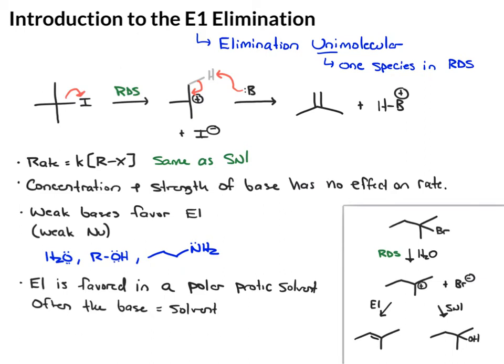So the main thing that I want to point out here is because our rate determining step happens before either of these, when you do this type of reaction with an organohalide and a weak nucleophile or base, we're going to get a mixture of SN1 and E1 products.